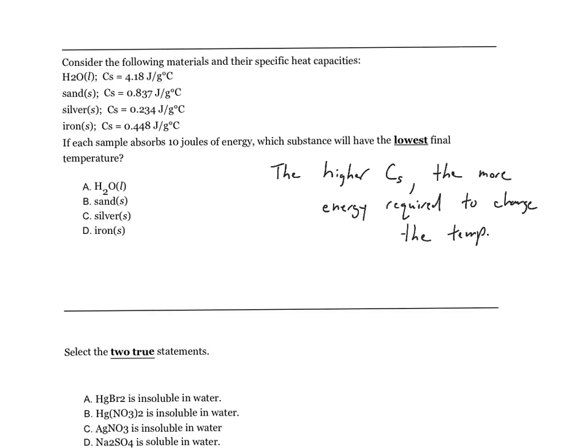Well, the highest heat capacity that we have, for what's listed, is water. Therefore, water will have the lowest final temperature. 10 joules would not raise that temperature as much as the other materials.